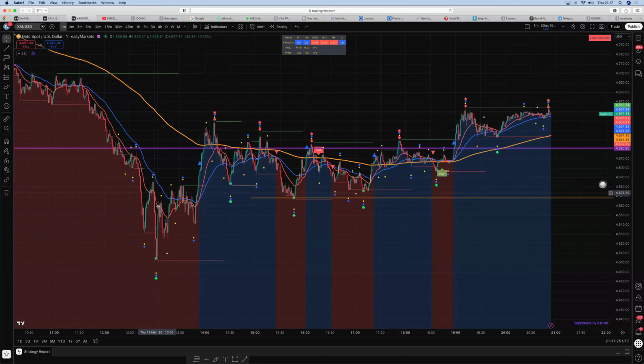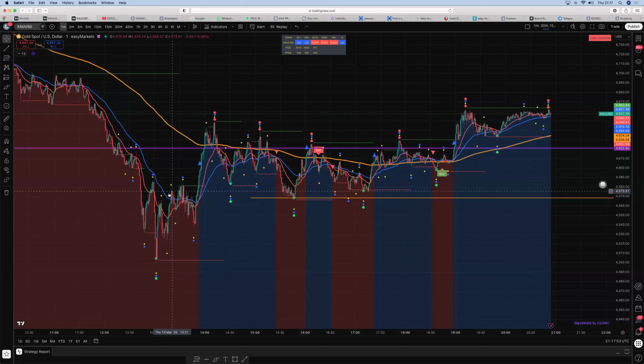If it was going to change here, this would have come up higher, but it didn't. It came back down, but not as far as here. It came down to here, slightly came up, came back down, but didn't quite take that out. So this is a structural change, a change of structure right here.